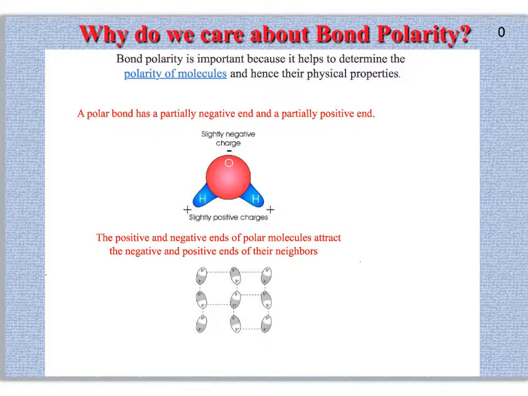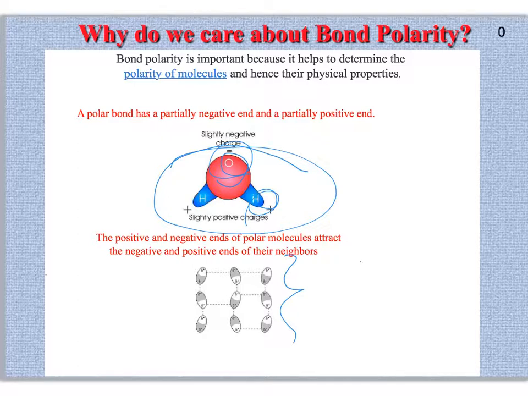You will learn later in chemistry that polarity is one of the most important properties, because if you have a polar molecule with some separation of charge, it's going to align with other molecules in a certain way.